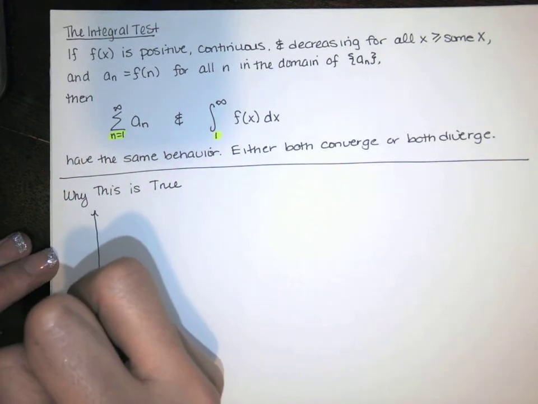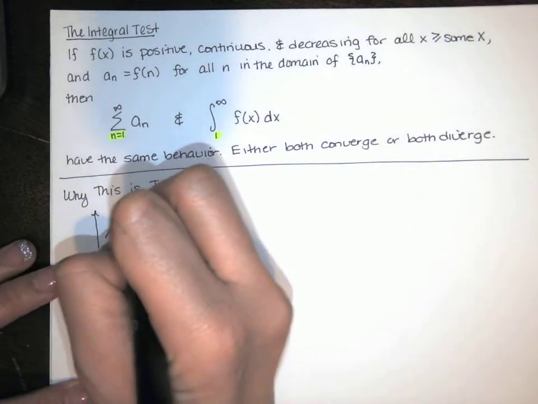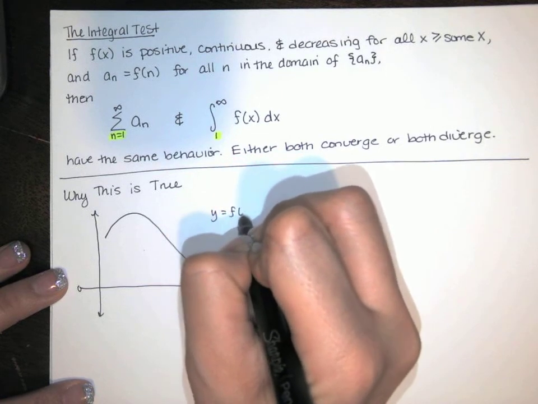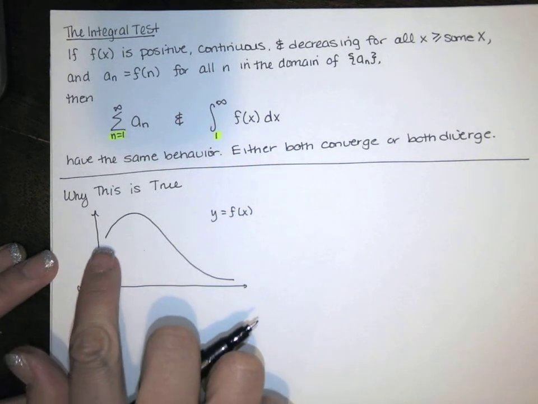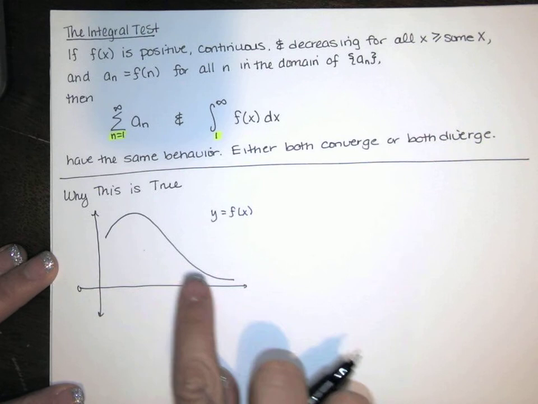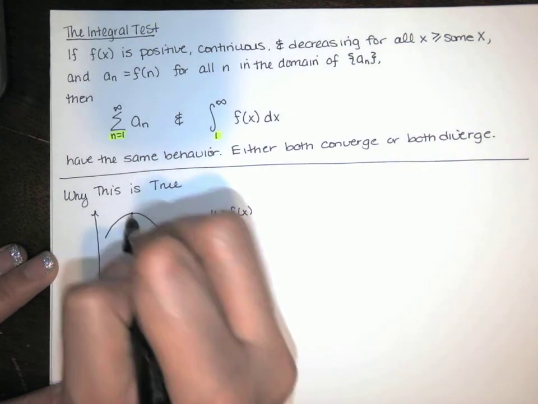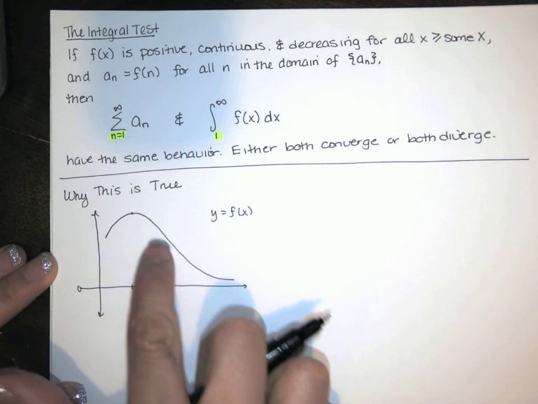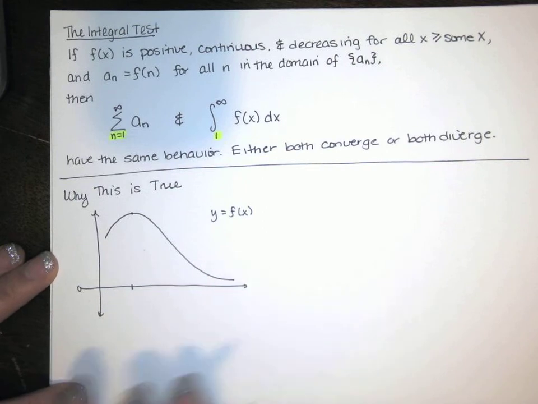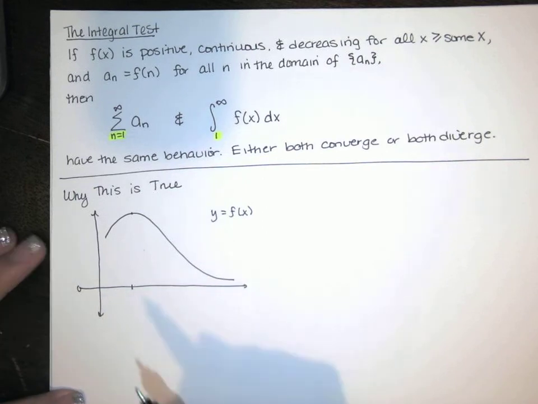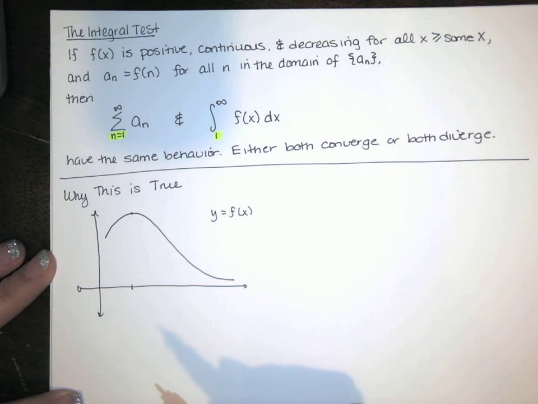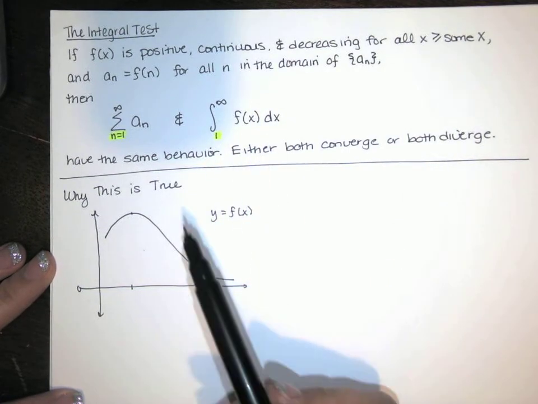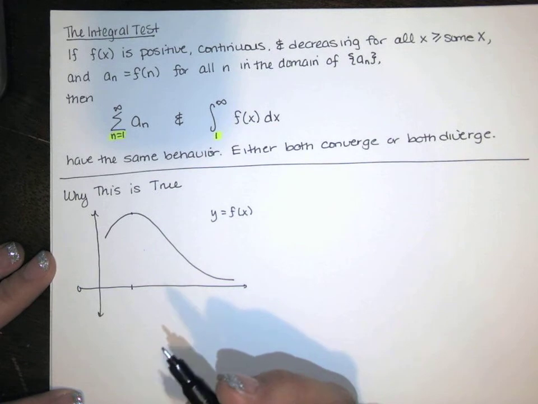So let's say this is our function f. So it's positive, it's continuous, and it's eventually decreasing. After this point, whatever that is, the slope is negative, all the way to negative infinity. If this is what our graph looks like, then this represents the area under the curve, starting at 1 and going to infinity.